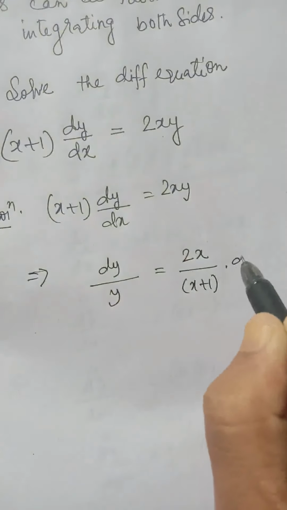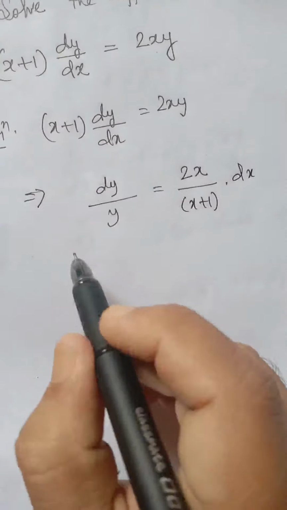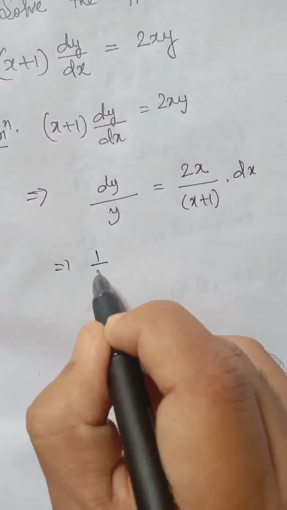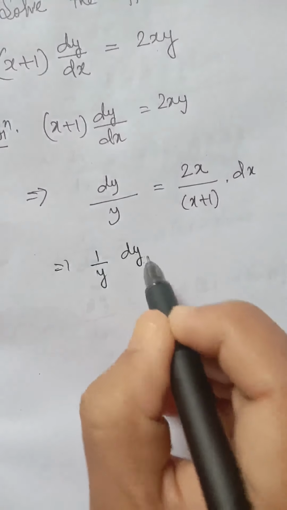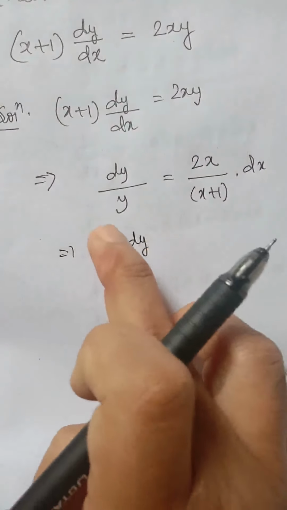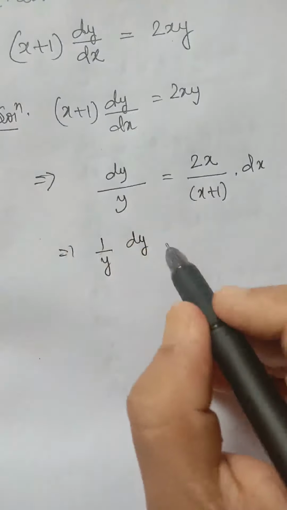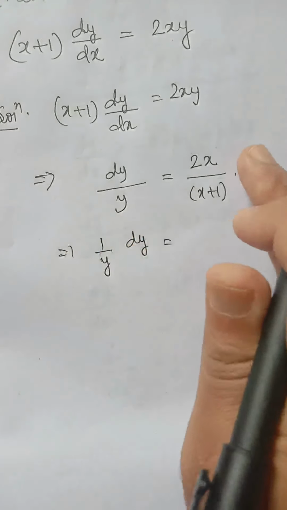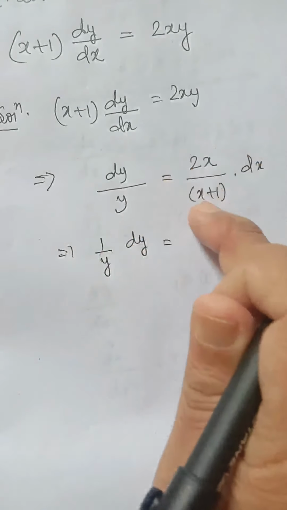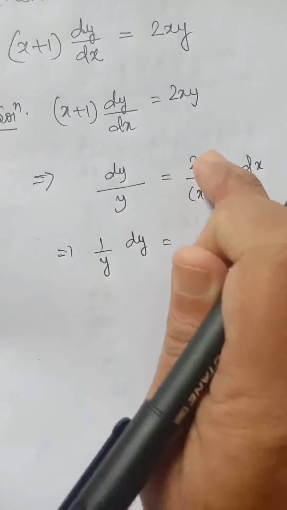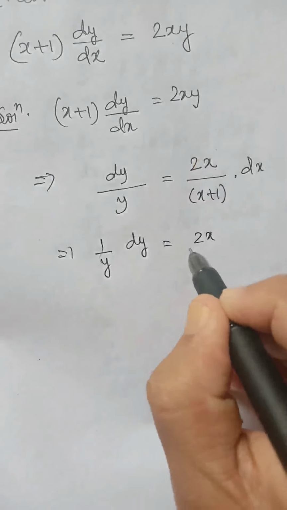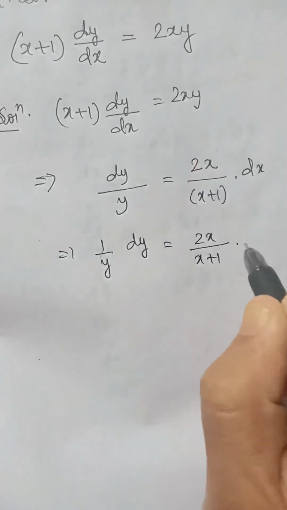into dx. So you can see this is of the form, this is 1/y dy. With dy there is a term containing only y, there is no x involved here, and on the right hand side with dx, this is the term which contains only x, there is no y here. So 2x/(x + 1) into dx.